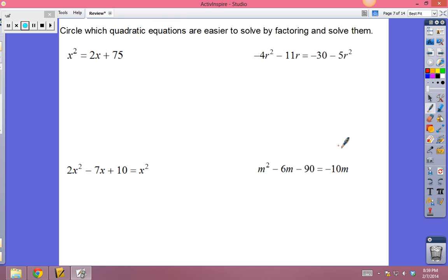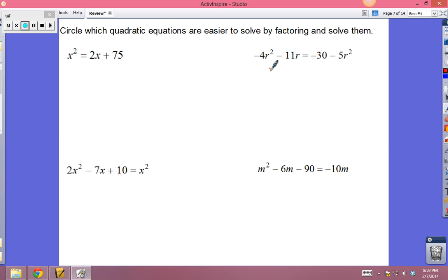Okay, so now, you got 4 quadratics. Which ones are going to be easiest solved by factoring? The only way to tell is to get them in standard form, ax squared plus bx plus c is 0. So get everything on the same side. So x squared minus 2x minus 75 is 0.